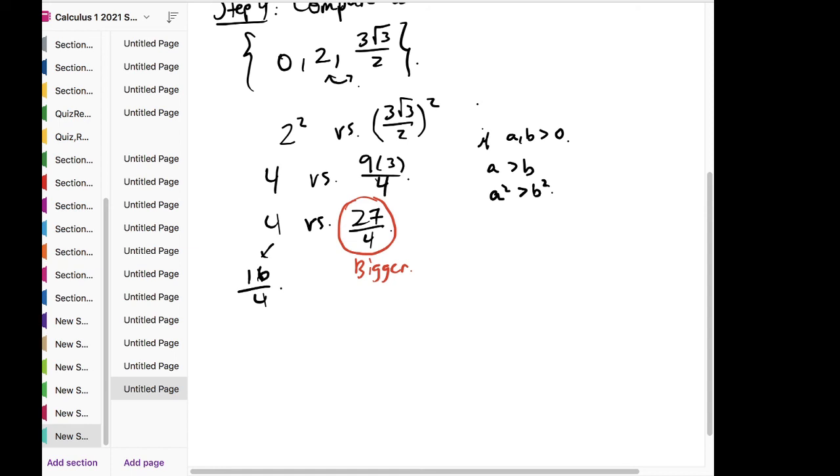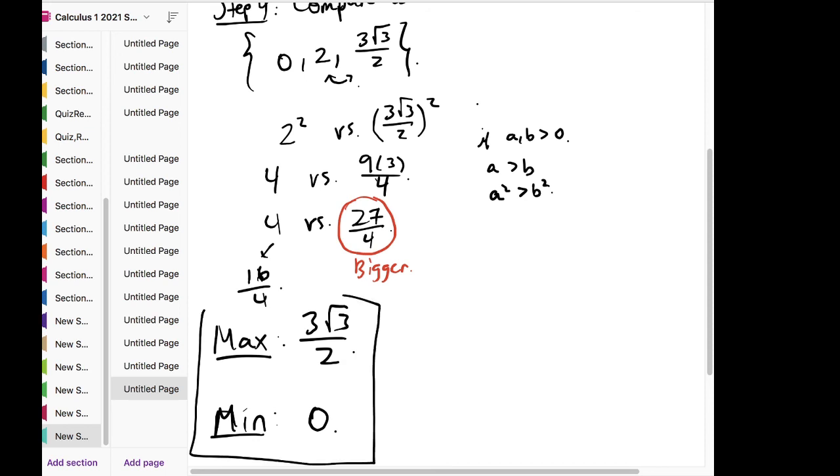So what's the max? Don't do the square one, but yeah, 3 root 3 over 2. And what's the min? 0. Okay, so that's all the time today.